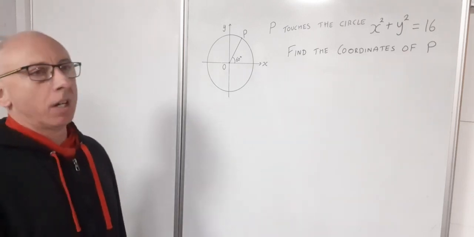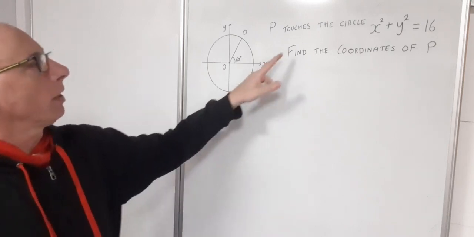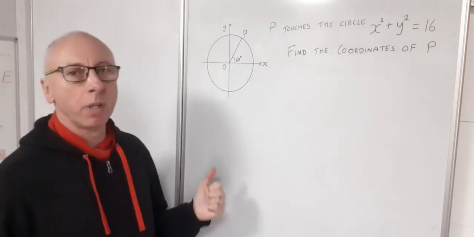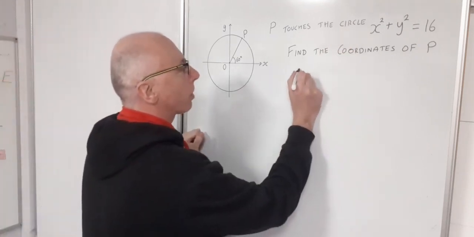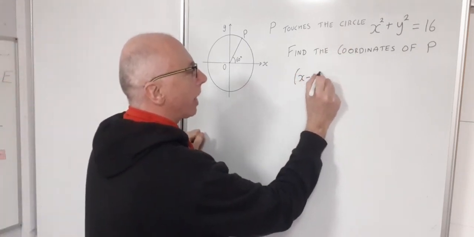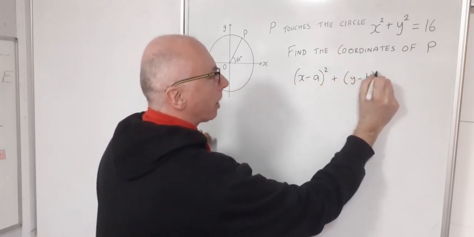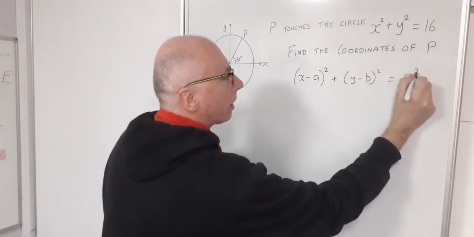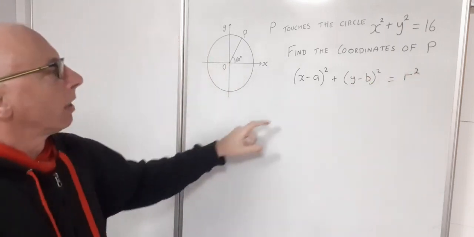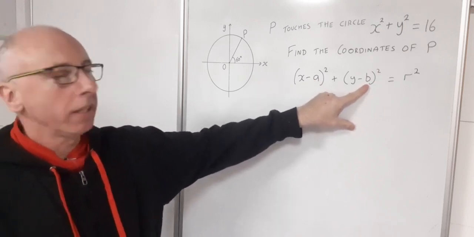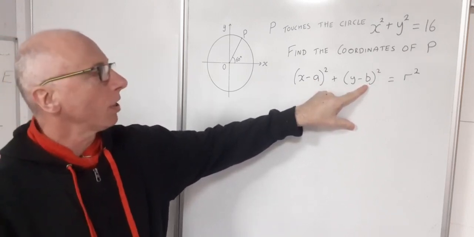Okay, so where are we going to start? Well, let's have a look at the equation for the circle first. Now, the general formula for an equation for a circle is (x minus a) squared plus (y minus b) squared equals r squared. Now, a and b will be the centre point of the circle.